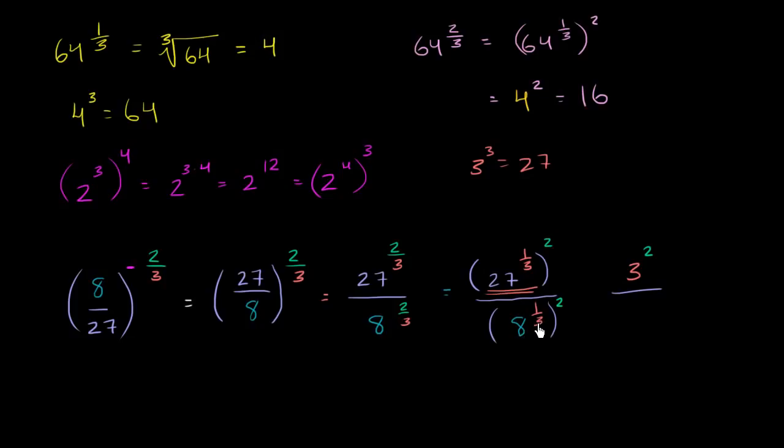Well, 2 times 2 times 2 is 8. So 8 to the 1/3 is 2. And then we're going to square that. So this is going to simplify to 3 squared over 2 squared, which is just going to be equal to 9 over 4. So if you just break it down step by step, it actually is not too daunting.